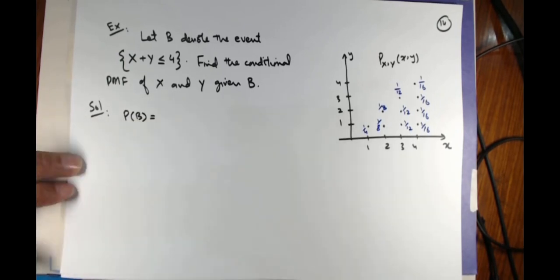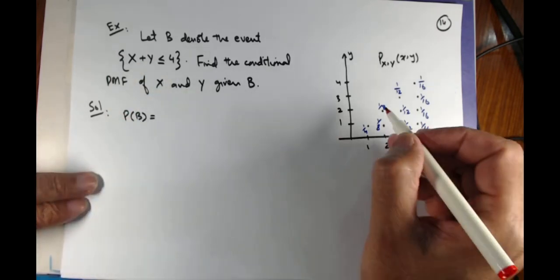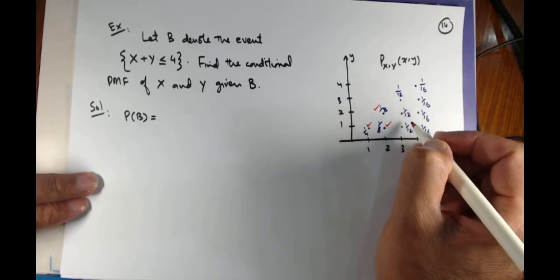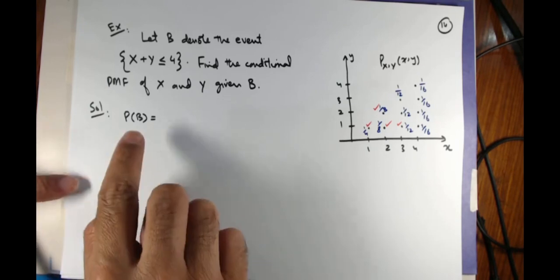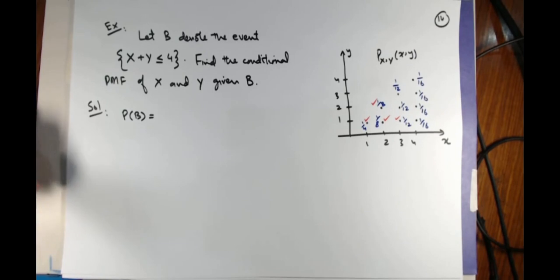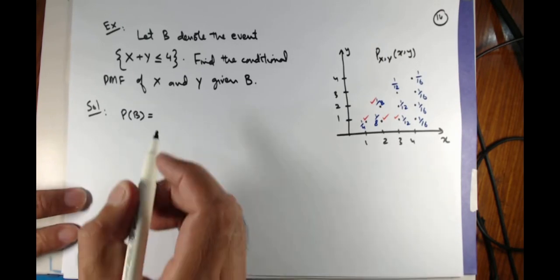P of B, as you know, is the sum over all the points that are contained in B. And if you see what points are contained in B, where x plus y is less than or equal to 4, it is only this and this. These 4 points are there in the event B. So what is the probability of B? It is the sum of individual probabilities of all these points, as we discussed in week number 9's lectures as well.